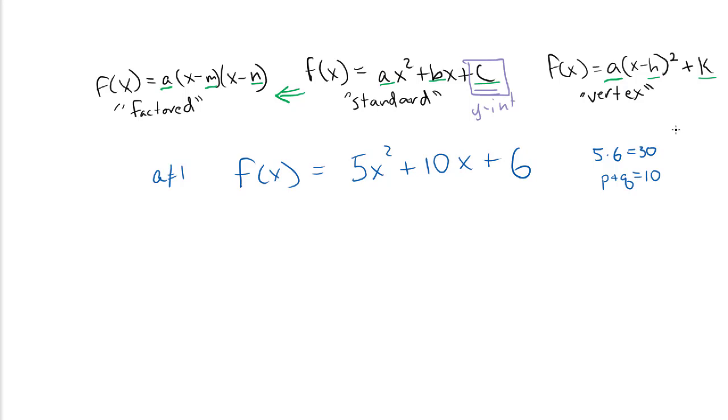So those factors, p plus q, would somehow equal the 10 coefficient. So what are the factors of 30? It's 1 times 30, 2 times 15, 3 times 10, 6 times 5. That's it. Are there any factor pairs where the sum or the difference is 10? Uh-oh, there aren't. This is not factorable over the integers, as we would say.